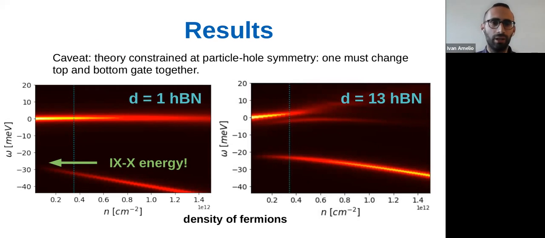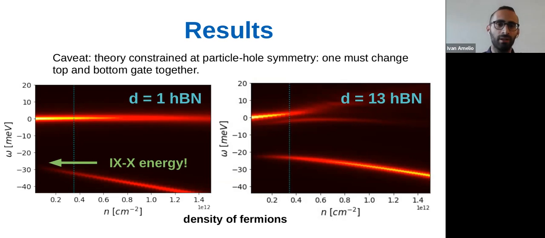Okay, so the results one can get are spectra like this. These are plotted as a function of the density. Once again, I'm constraining to particle-hole symmetry. This means that in an experiment, this would correspond to changing the top and bottom gates in the same way, so that the holes and electrons are balanced, but can become more populated.